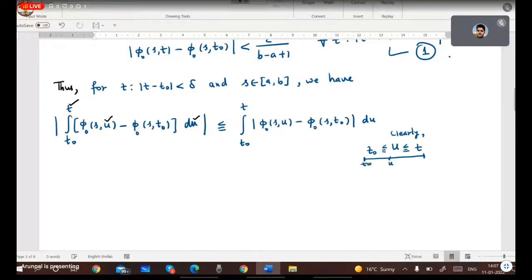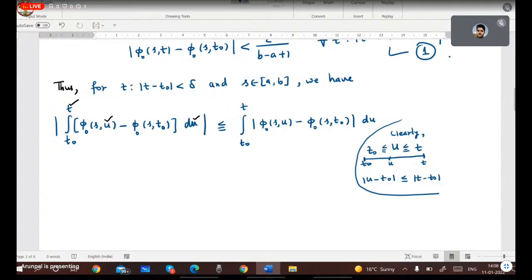This is u, this is t naught, this is t. So this is very obvious that the distance between u and t naught will certainly be less than or equal to the distance between t and t naught. Is this clear, class?